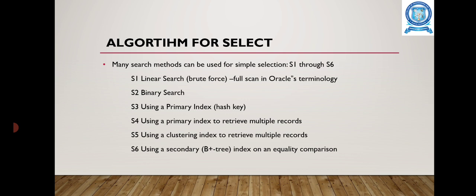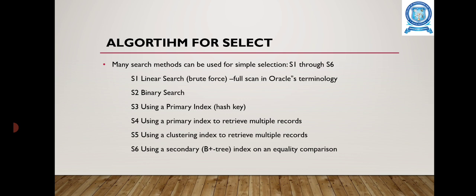Next one is using a primary index to retrieve multiple records. Here the comparison condition is less than or equal to, or greater than or equal to, on a key field with the primary index. Use the index to find the record satisfying the corresponding equality condition, then retrieve all subsequent records in the file.